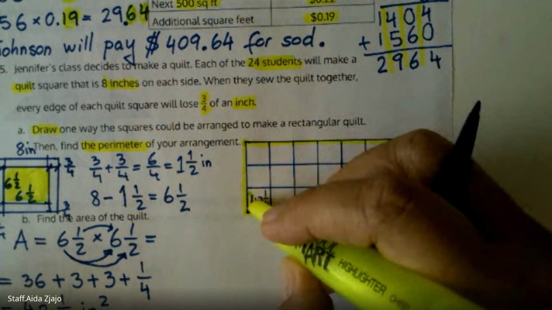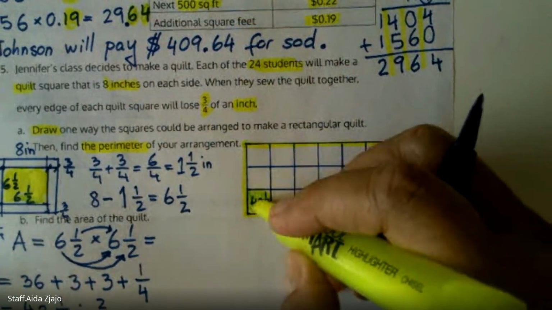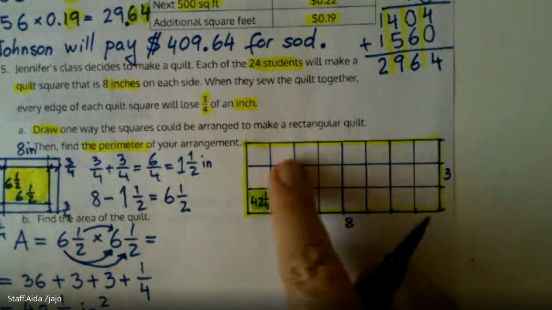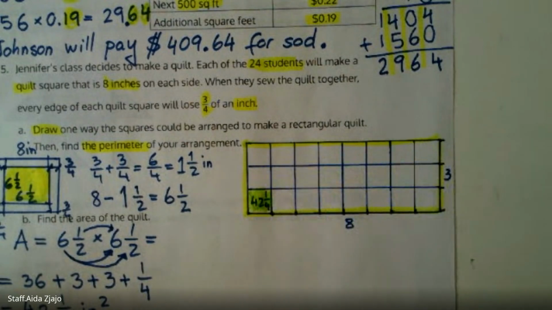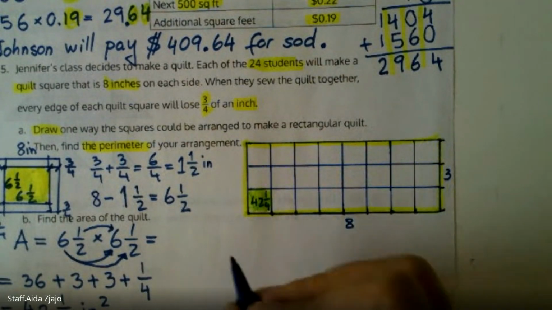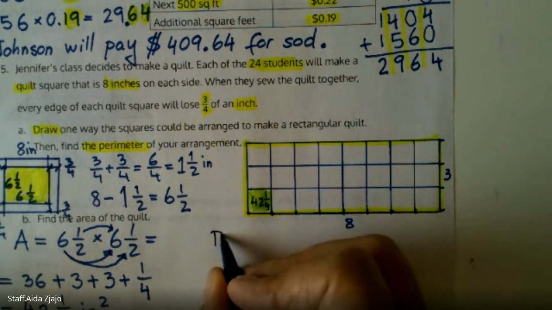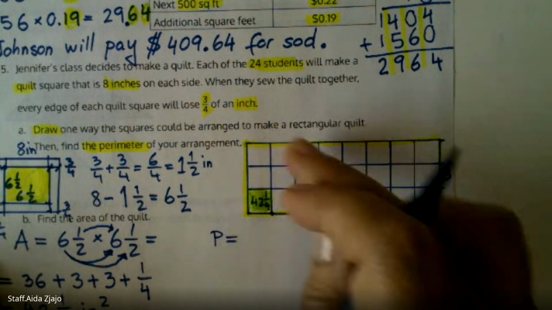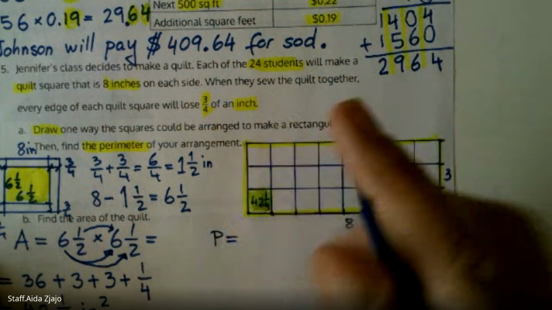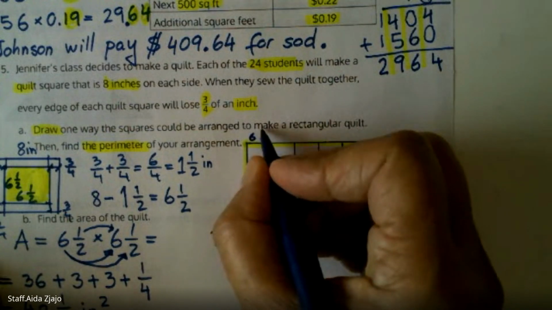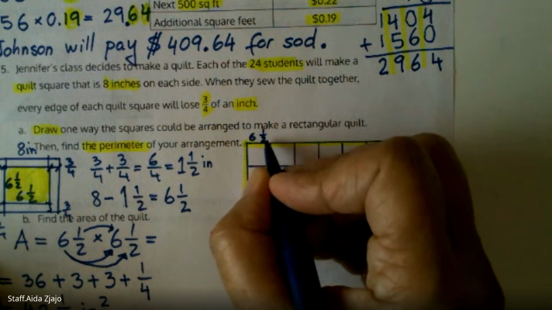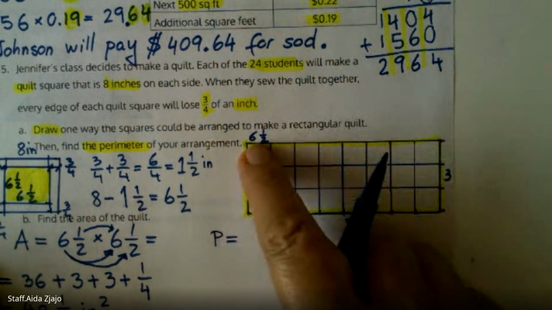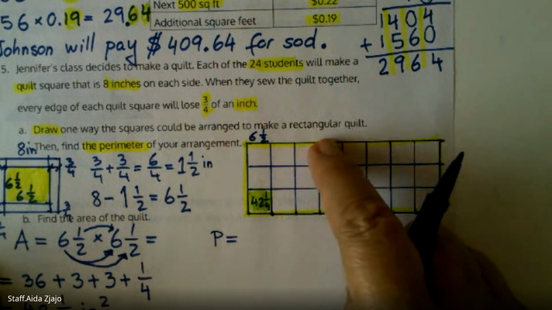So if I count the area of this whole figure, it's going to be 24 times 42 and 1/4. But if I look for perimeter, perimeter is needed to go and add all the lengths around, and the length is 6 and 1/2. So 6.5, 6.5 plus.